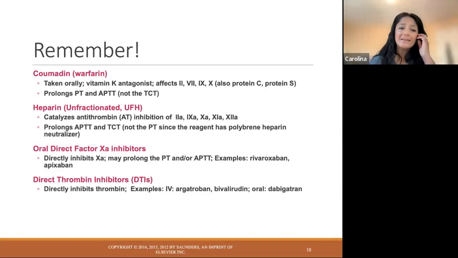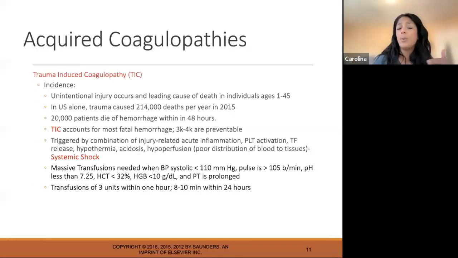Oral direct factor 10A inhibitors will inhibit factor 10A, and that's in the name, and they may prolong the PT and/or the APTT. And direct thrombin inhibitors, DTIs, inhibit thrombin directly, okay? So that's something to keep in mind because the patients could be on anticoagulants. So when you're testing, it's important to know what they're on and what these anticoagulants are doing.